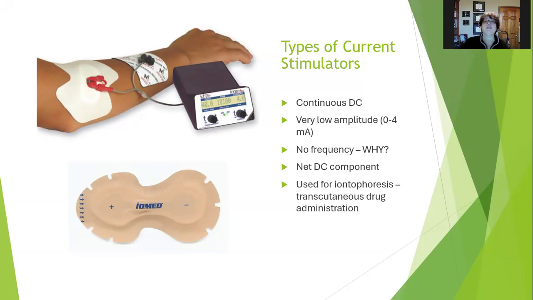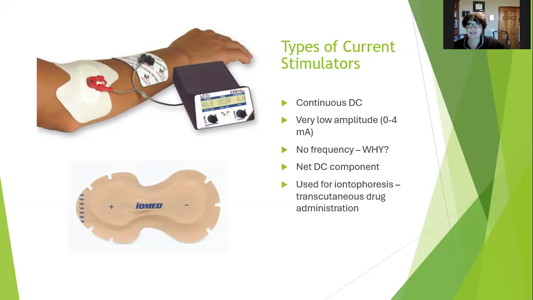The stimulator could be like the little machine shown on the top, and you have specific electrodes that have reservoirs to put the medication in. Or it could be like this little device on the bottom, which is a 24-hour iontophoresis patch. It has a little battery in the middle, with a positive and negative pole. You put the medication on the proper pole.